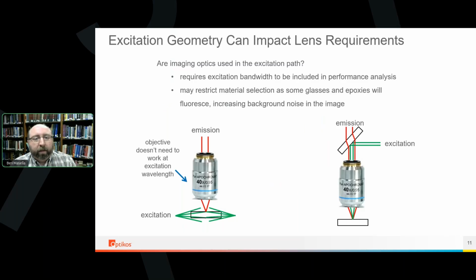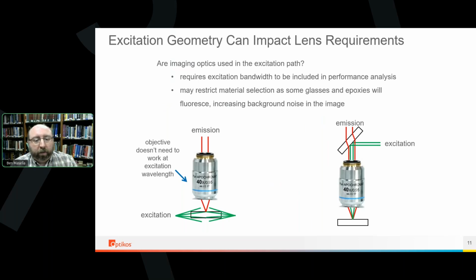So for example, if you are exciting with the same optics that are being used to collect the emission of the fluorescence, then those optics have to be corrected over both of those wave bands. And so that ends up adding complexity to the optical design because you're increasing the bandwidth over which the system has to perform.